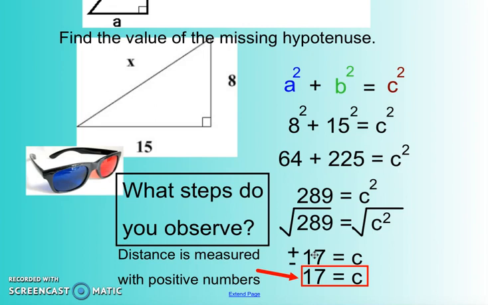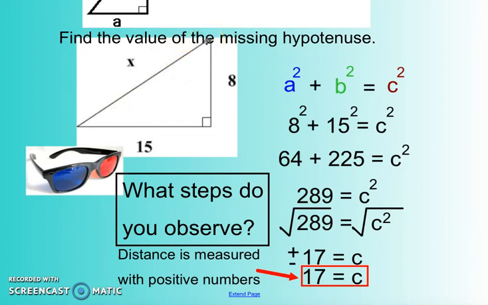Now, square root of 289, there's actually two answers because positive 17 times positive 17 is 289, but also negative 17 times negative 17 is also 289. But when we're working with the Pythagorean theorem, we are trying to find distance from this point to this point.